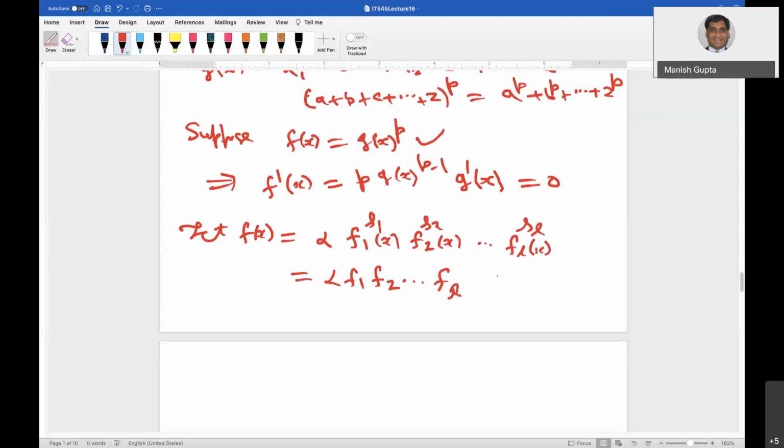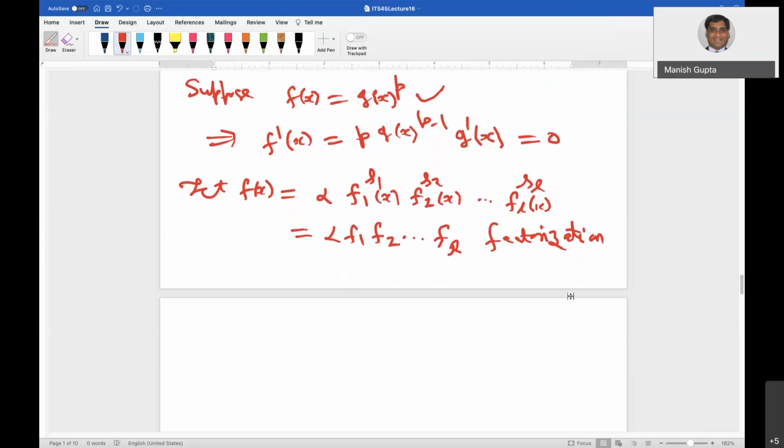Suppose this is the factorization of f into monic irreducible factors fi(x), with si greater than or equal to 1 for every i.